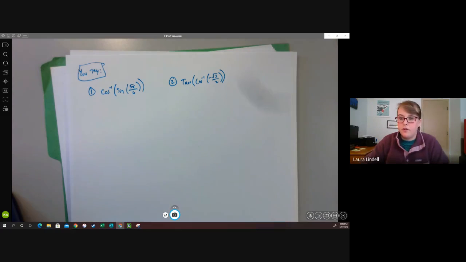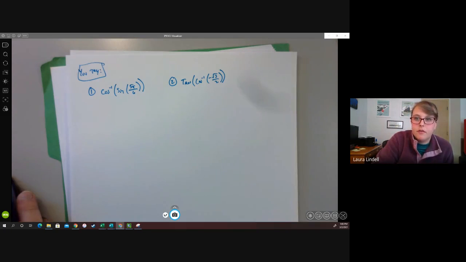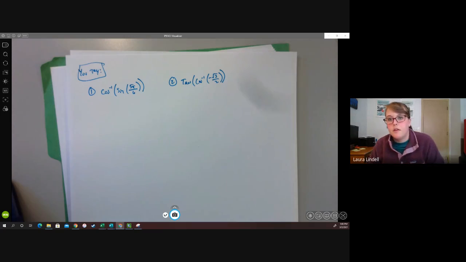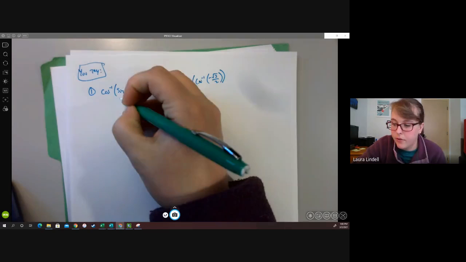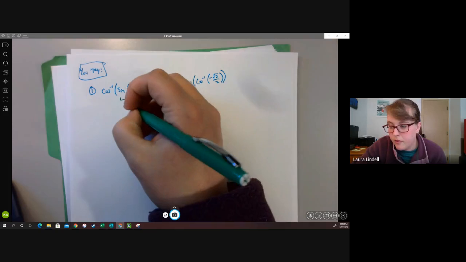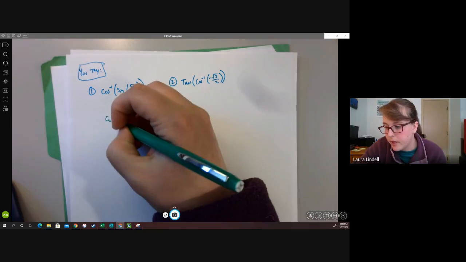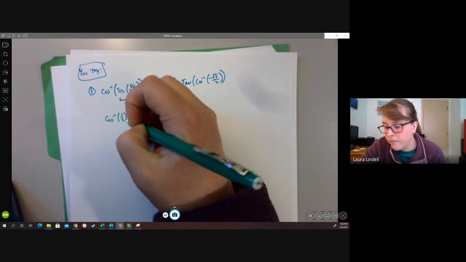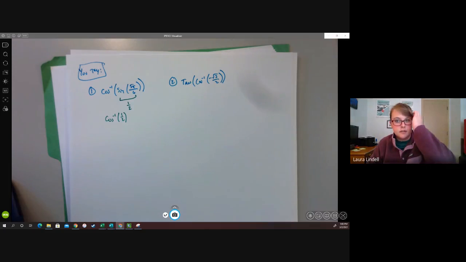All right, so you're on the right track if, for 5 pi over 6, we know that sine is going to be 1/2. So we want now cosine inverse of 1/2. So then simplifying that.